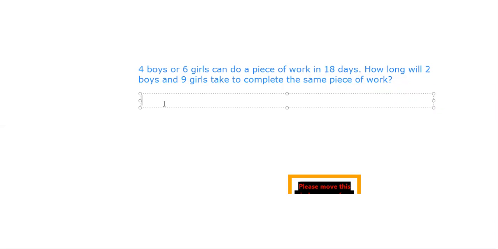How many boys and how many girls have the same efficiency? 4 boys' efficiency and 6 girls' efficiency are the same, because 4 boys' efficiency times 18 days gives me the same total work done as 6 girls' efficiency times 18 days. So I can equate 4 boys equals 6 girls. So 2 boys will be equal to 3 girls.